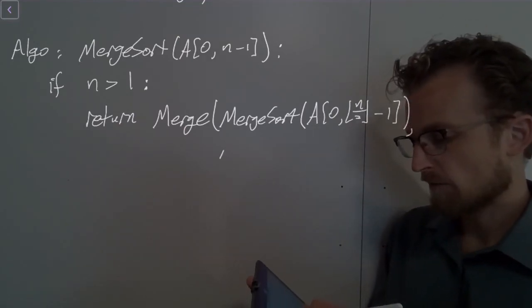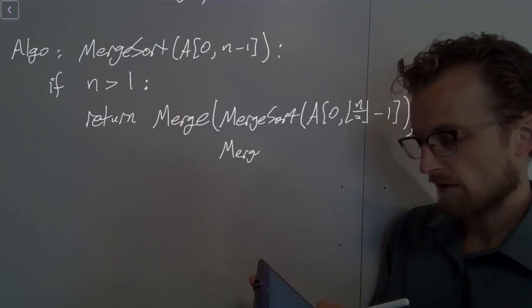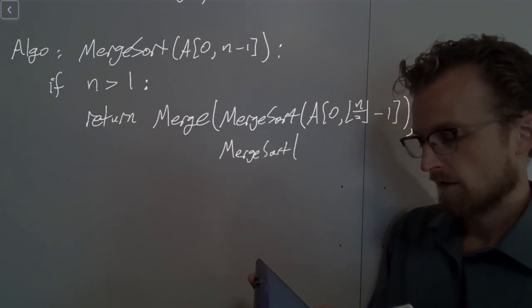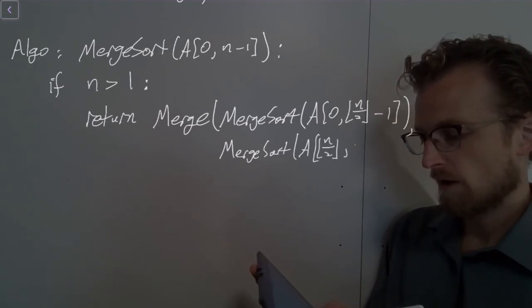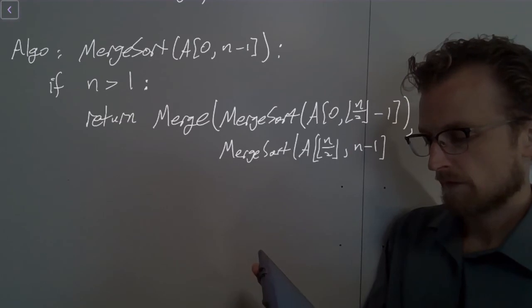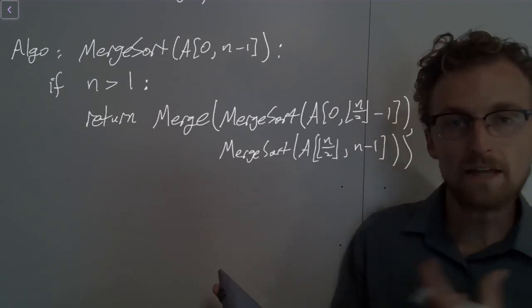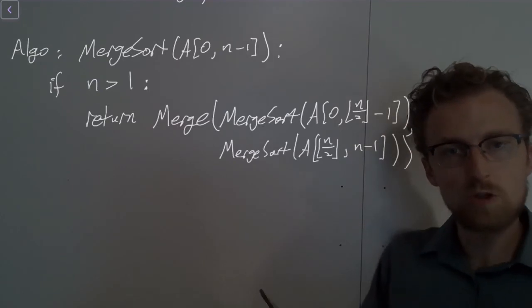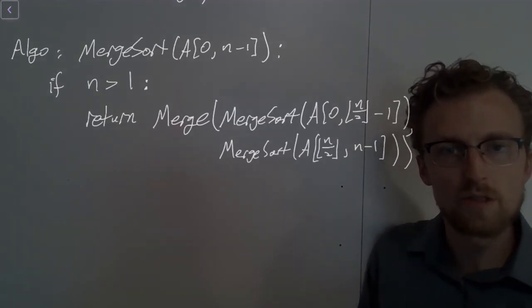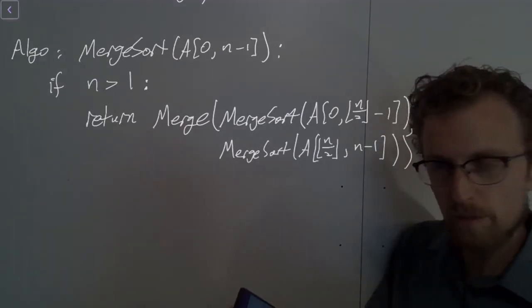We're going to execute merge sort on the second half of the array. And now what is this? This is floor of n over 2, all the way up to n minus 1. And then whatever merge sort gives us back, we'll pass those two as inputs to the merge function, which we'll talk about in a minute.